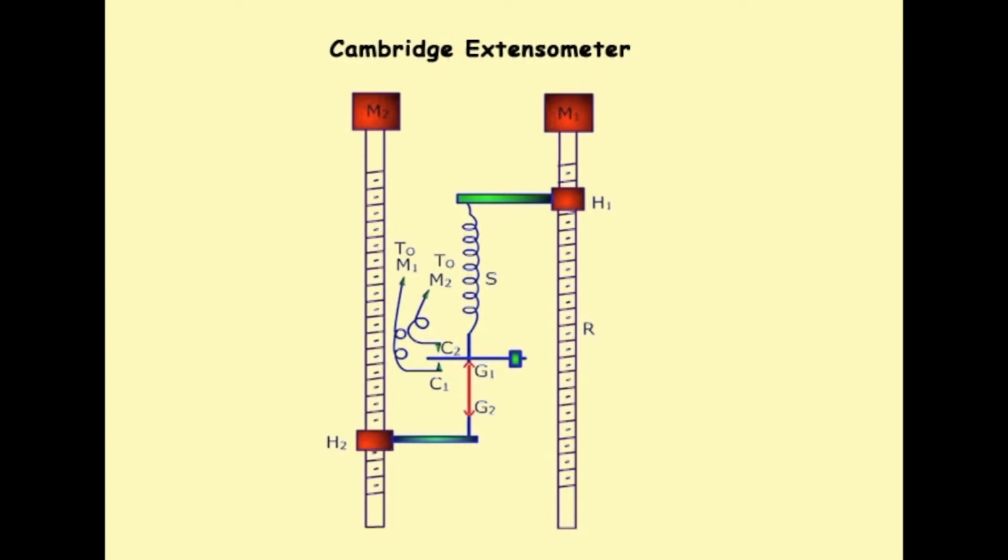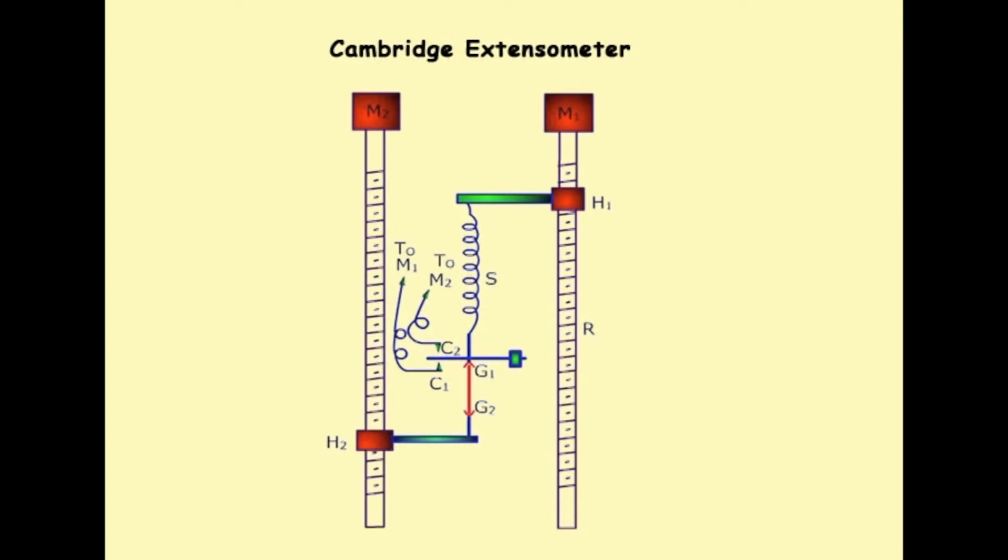By extending the spring at a constant rate, a load may be applied at a constant rate. The specimen is gripped between the jaws G1 and G2. The upper grip G1 is connected to a leaf spring which has a restricted movement between the electrical contacts C1 and C2. The leaf spring is also connected to the helical spring.